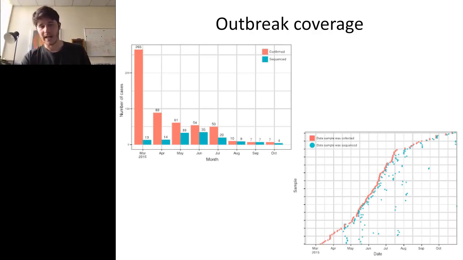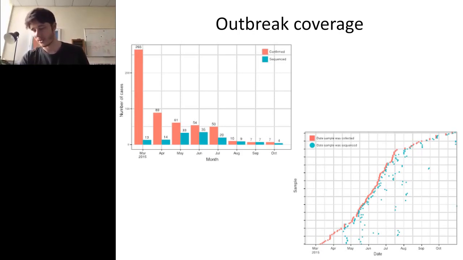This was near the end of the outbreak, and the numbers of overall cases were dropping. But during that time, the numbers that we actually sequenced increased as we got the lab more established, to a period of time in June or July where we were pretty much sequencing all the cases that we wanted to.